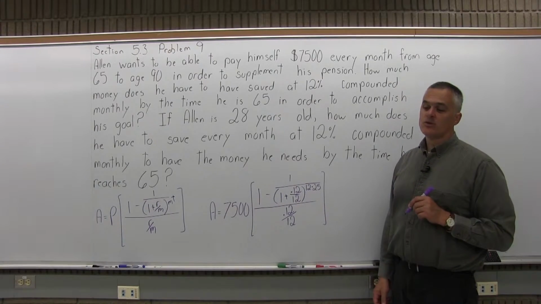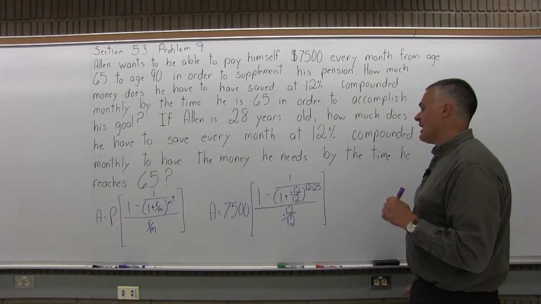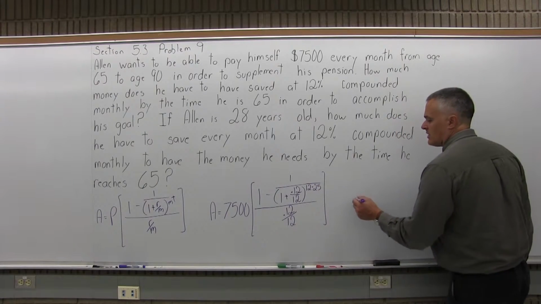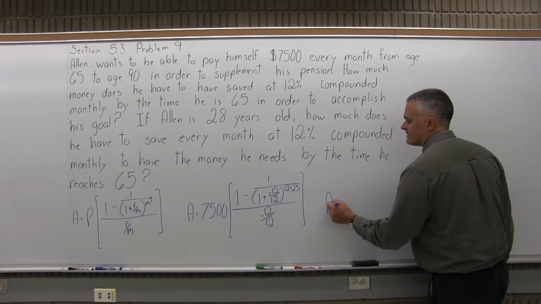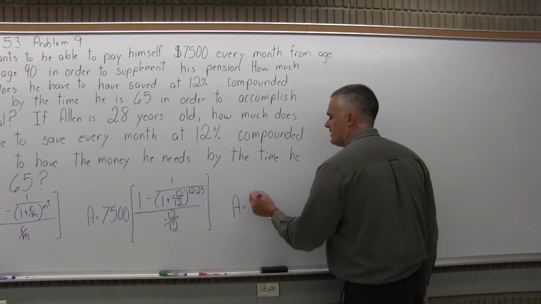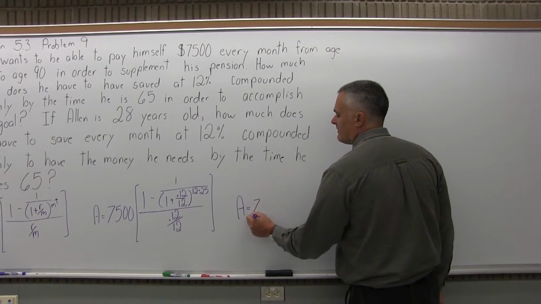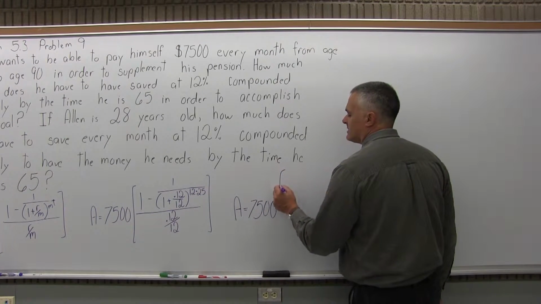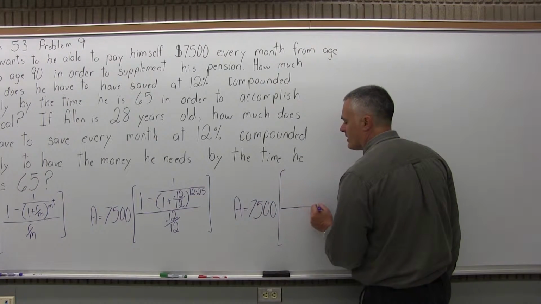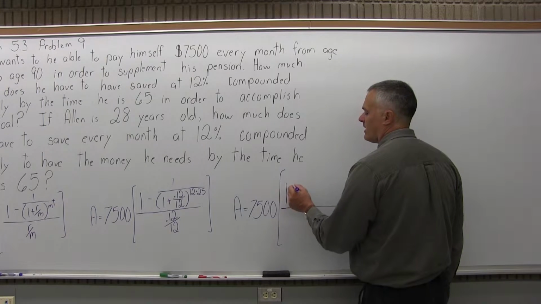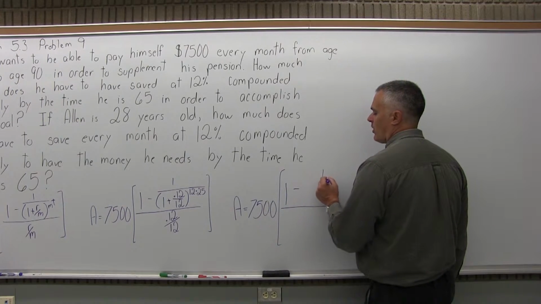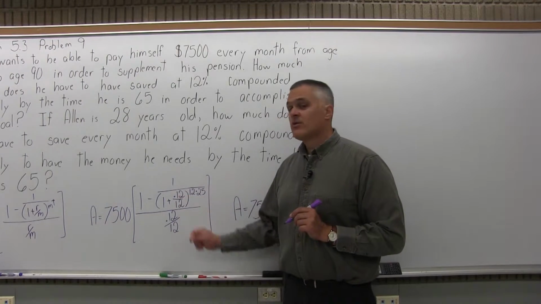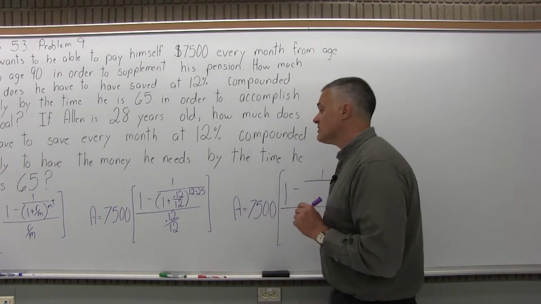Now I have to start doing some of the computation. I have to start with the parentheses. So that's going to give me A equals 7,500 times the brackets. In the numerator of the brackets, I'm going to have 1 minus 1 over. Now, in the 1 plus R over M, the R over M is 0.12 over 12, which is 0.01.